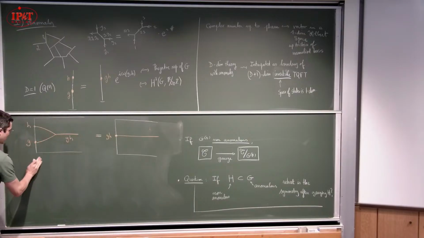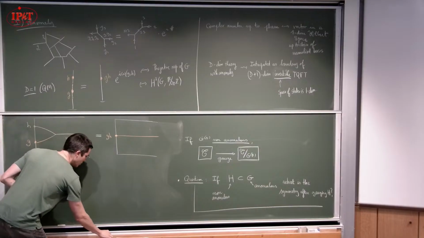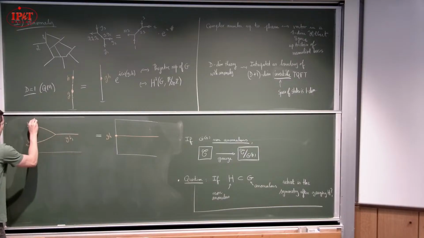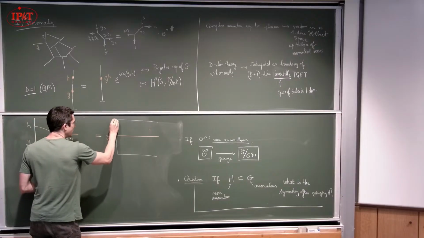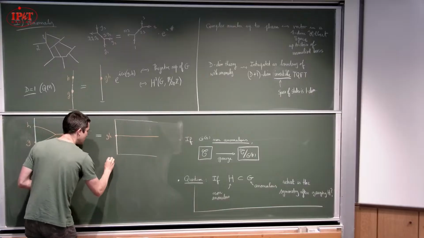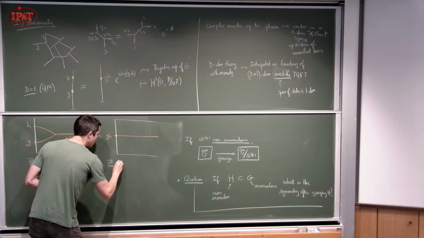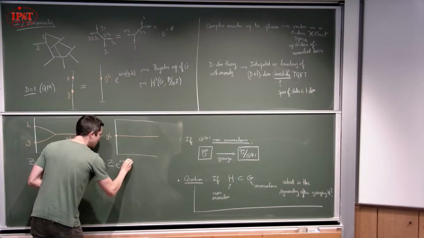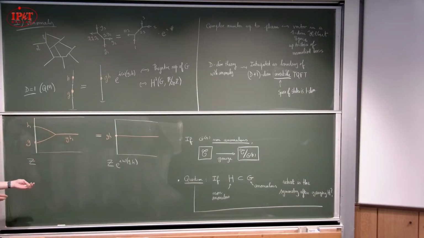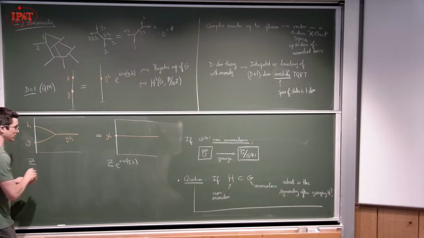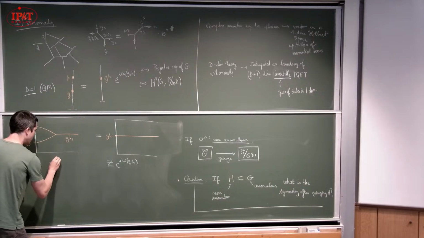And so what should I do? Well, I say that the partition function, there is a component due to the boundary, let's put in green, and then the component here is Z. And here the partition function associated to this is Z times e to the i omega. If I want this to be equal, then I should say that the orange part contributes e to the i omega.